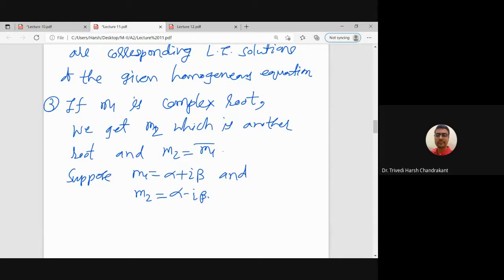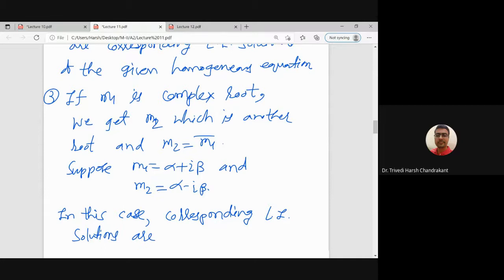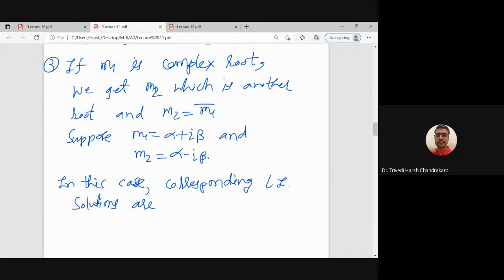So in this case, the corresponding linearly independent solutions are, you know that whenever we have such complex conjugate roots, the corresponding functions are e power alpha x cosine beta x, and e power alpha x sine beta x.